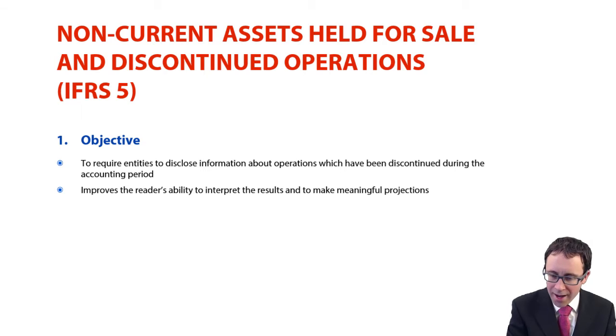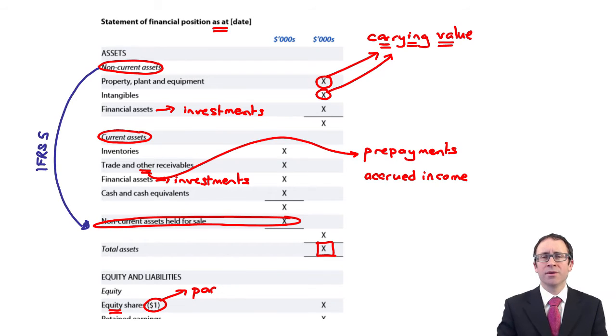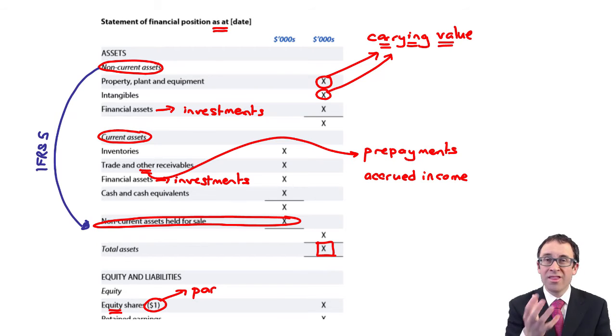So if we go back and have a look, and I still think I've got the scribbles and bits and pieces within there. If we're going through and looking at it from a statement of financial position perspective, we're looking here at this level at an individual asset. You have an individual item of property, plant and equipment that you no longer require, and therefore you are going to sell it.